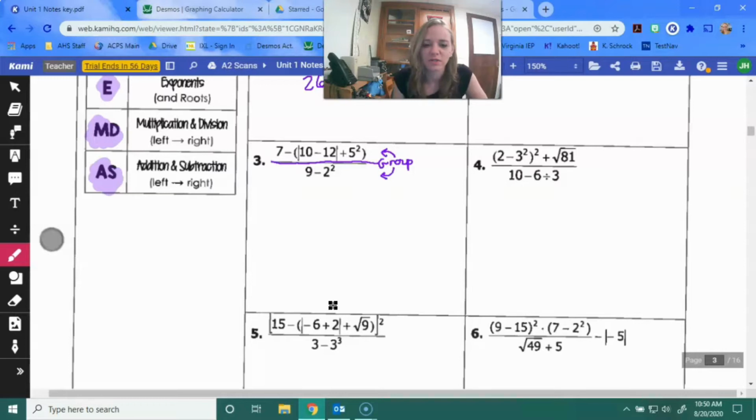So you have to treat these as groups, and then you can worry about the division part later. Essentially, there are really brackets around all of this. Since the division is its own thing, the brackets aren't necessary, but they're kind of invisible. It's understood that there are brackets there.